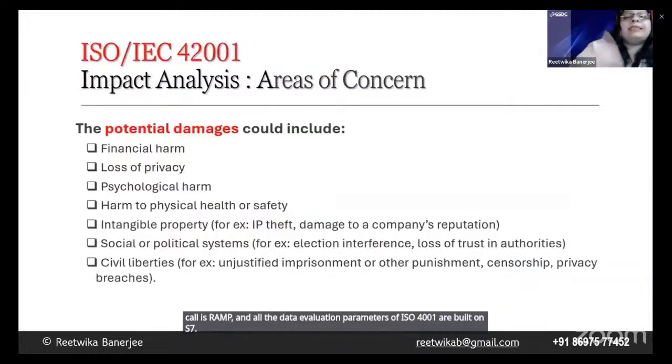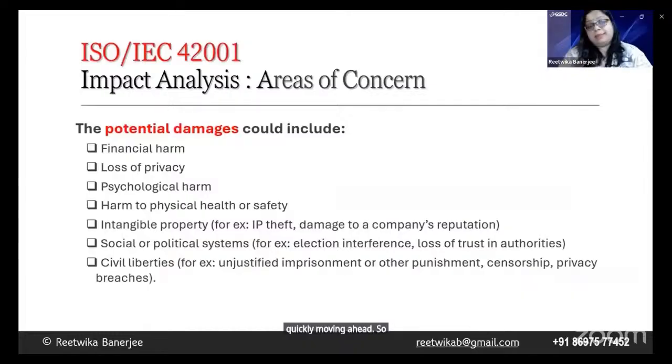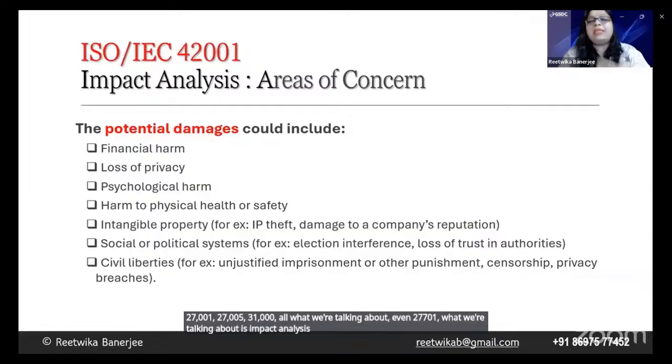Quickly moving ahead. What lies ahead of evaluation? How can we say that? And what's the impact on business? Simple. Even in 27001, 27005, 31000, and even 27701, what we're talking about is impact analysis, right? So where we have to focus, what are the areas of concern?